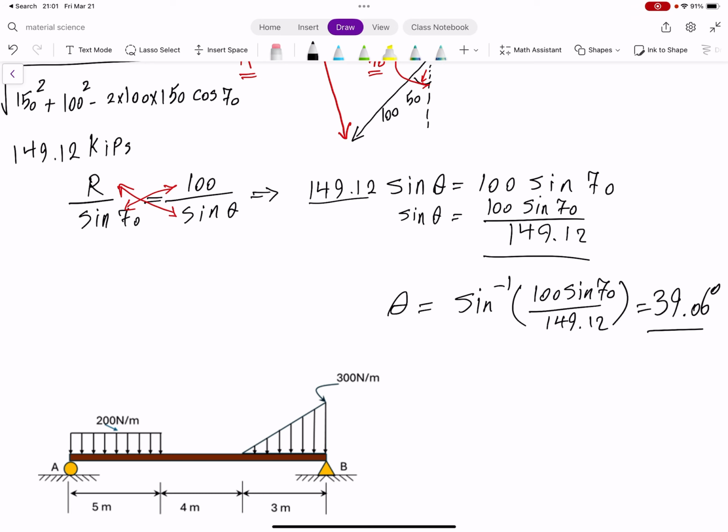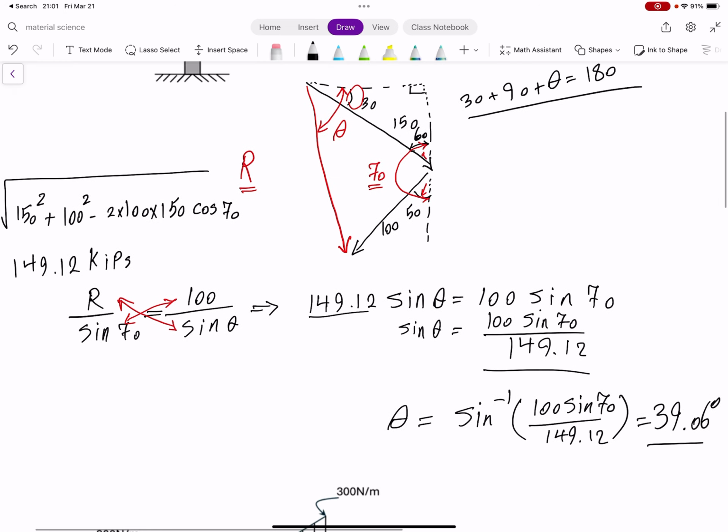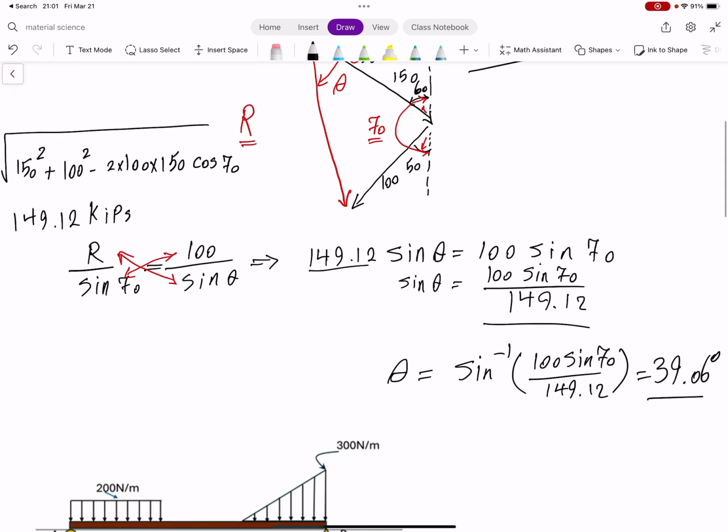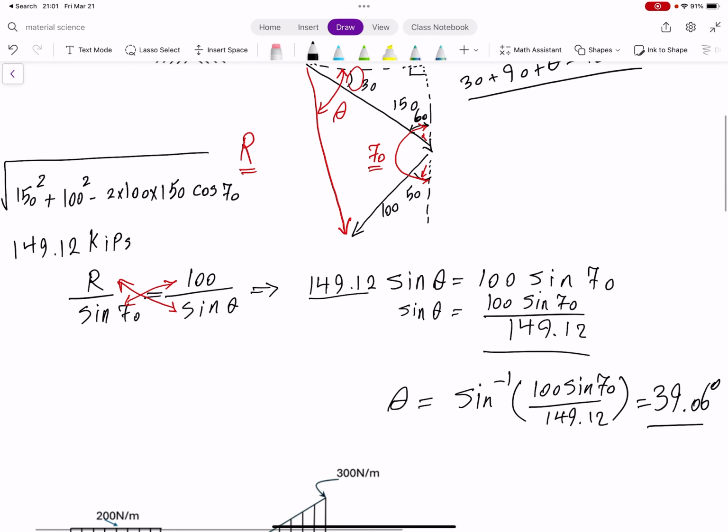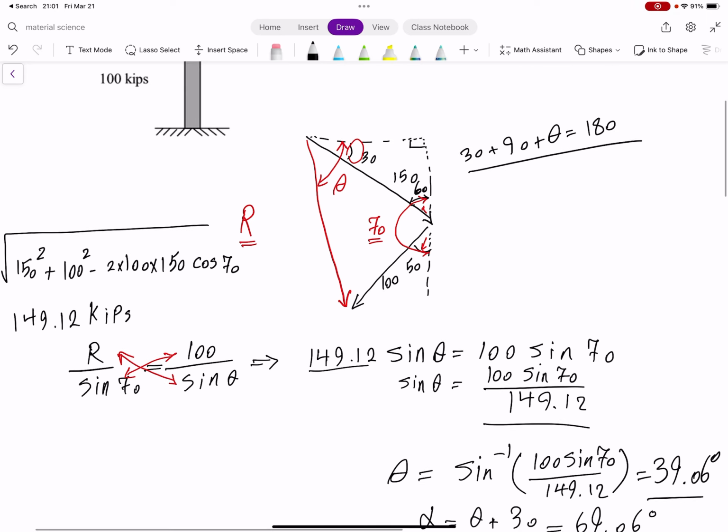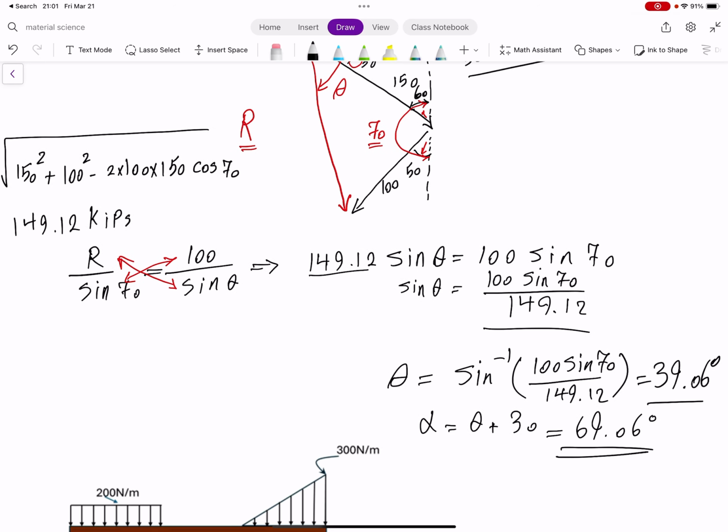So this is my theta, but I'm not done yet. I have to add it to 30 degrees. So alpha will be theta plus 30 degrees. Then it will give me 69. So this is my final answer, which shows the angle between R and the horizontal line. Okay, so we'll go to the next problem.